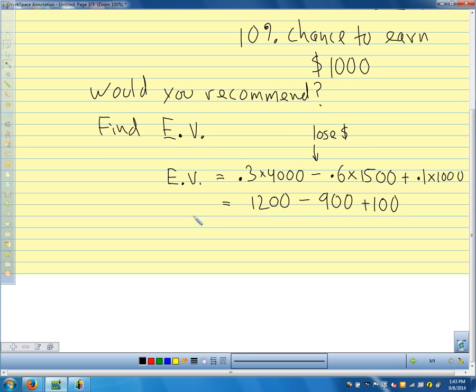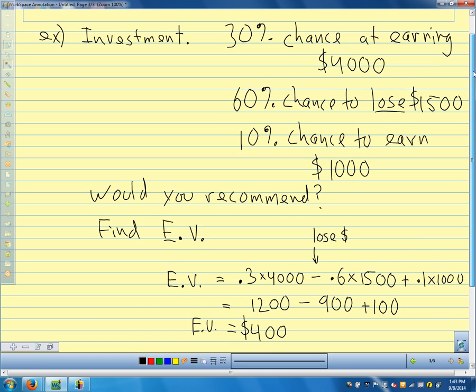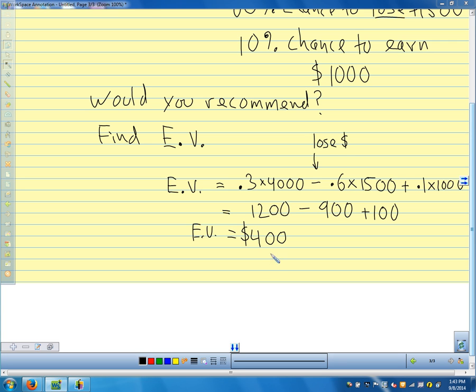So my expected value is $400. So in the long run, for this investment where we have these chances of earning and losing money, we would expect to earn $400 on our investment.